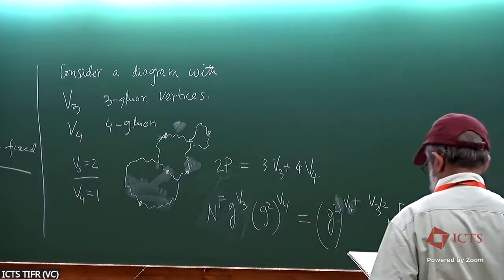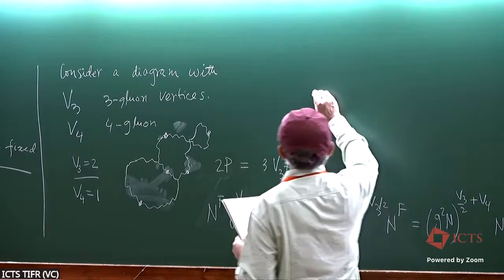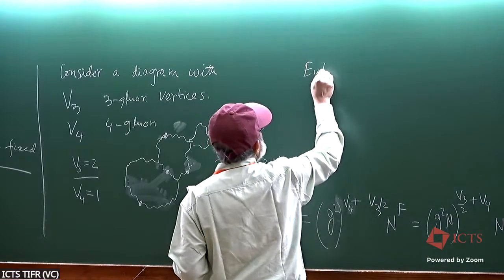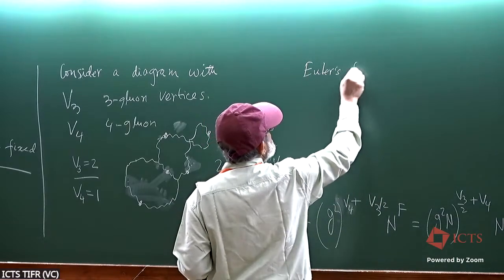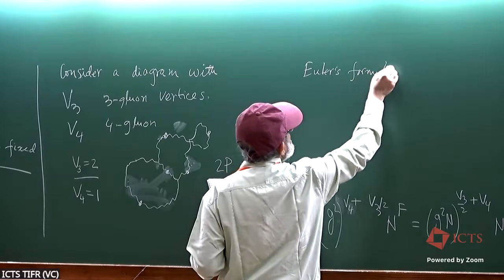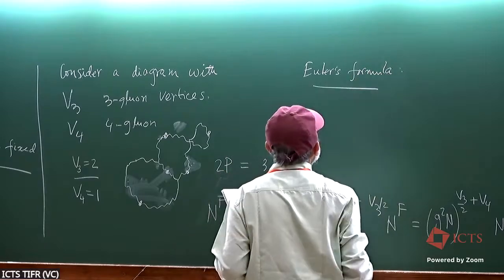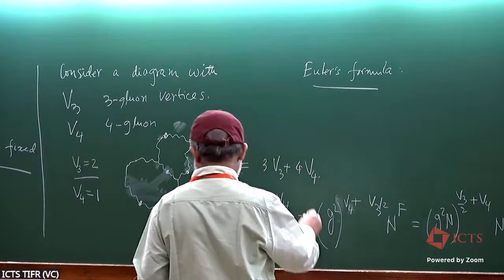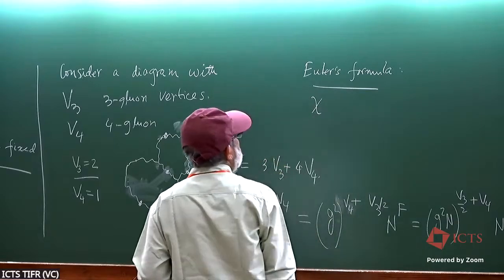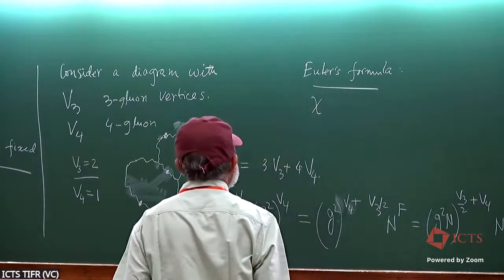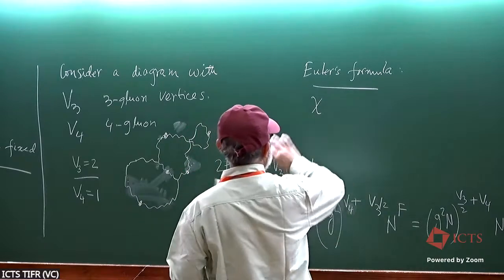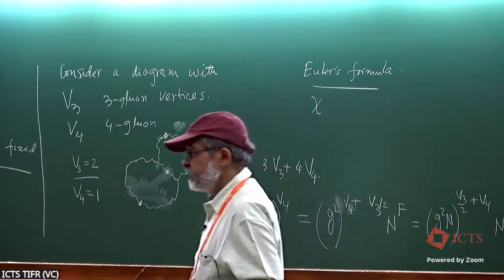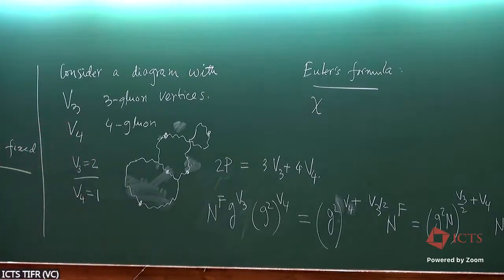Okay. Now, 't Hooft used Euler's formula, which says that the Euler character of a surface, the spheres with handles, they're examples of what we call Riemann surfaces.